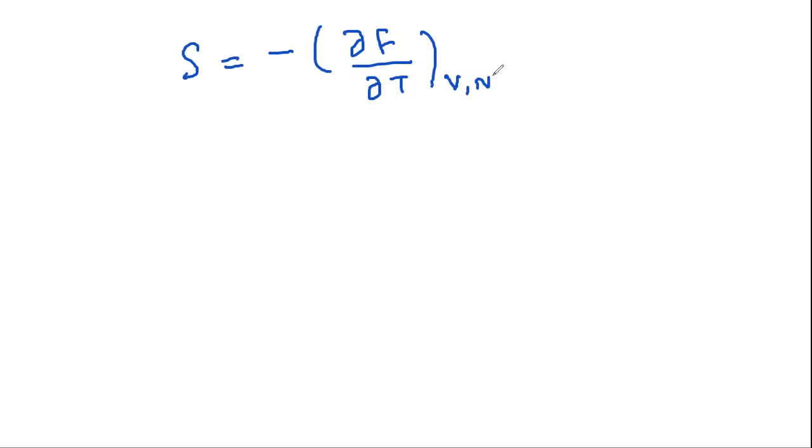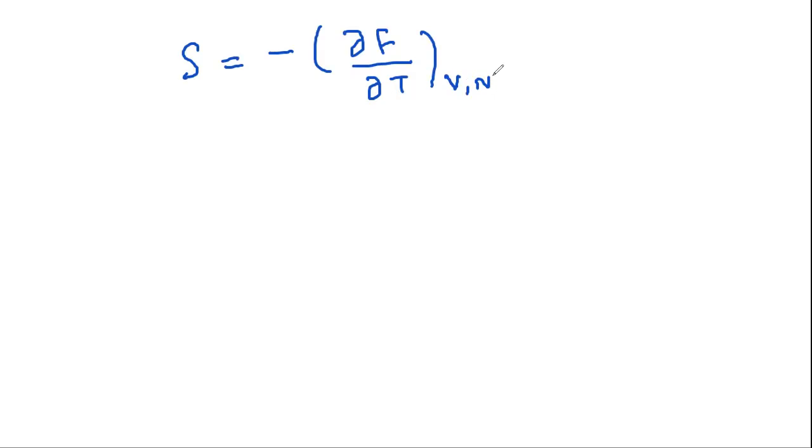N is the number of particles, V is the volume of the system. That in other words means that the number of particles is to be assumed constant. Volume constant means the energy levels are constant.